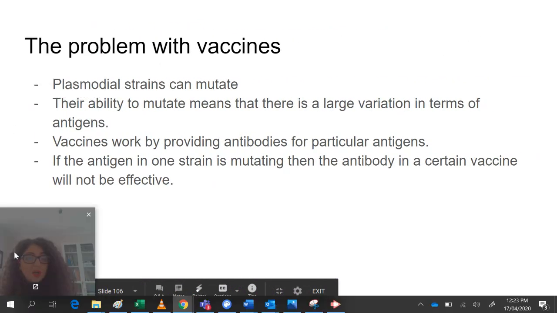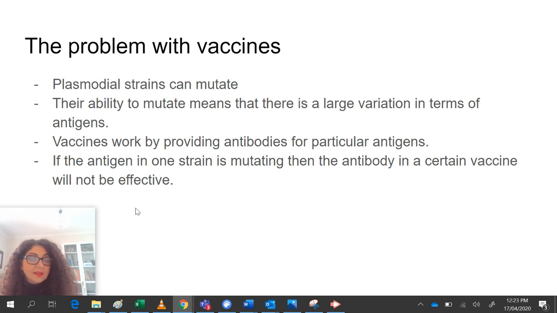All right, so they have tried to come up with vaccines in the past, but there is a problem with producing a vaccine for malaria. Now, the most common problem that they found is that plasmodia will mutate, and because it's constantly mutating, there's a large variety of antigens.